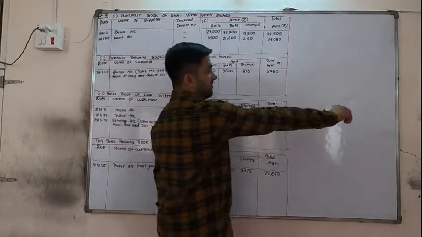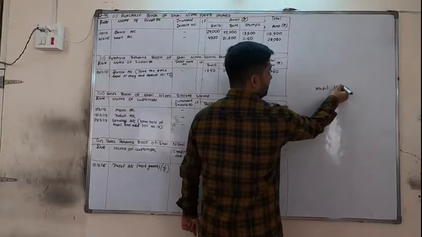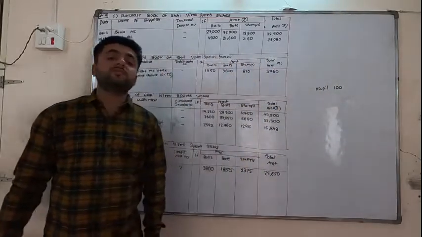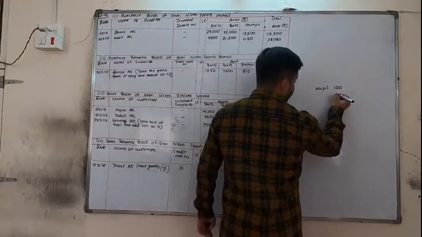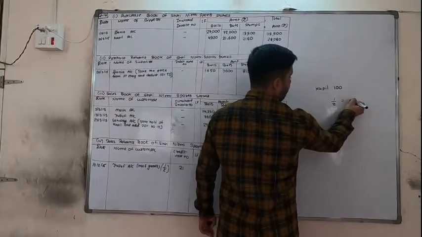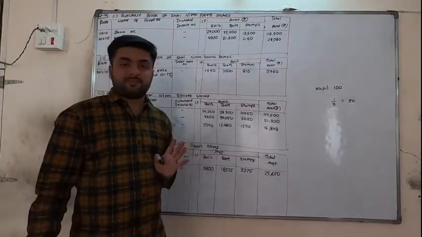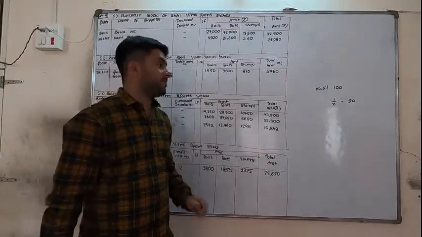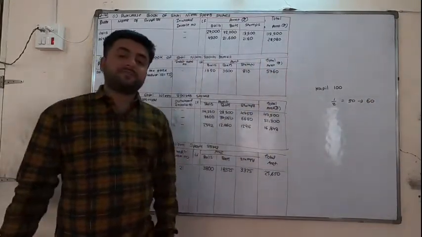Now see, suppose I give an example: if from Kapil we are purchasing goods of 100 rupees, then half goods, that is 50 rupees goods, we are selling to Sevak after adding 20%. So for 50 rupees we are selling for 60 rupees.